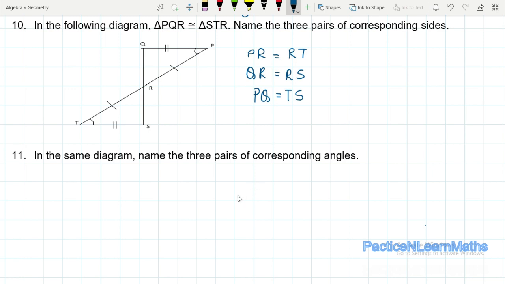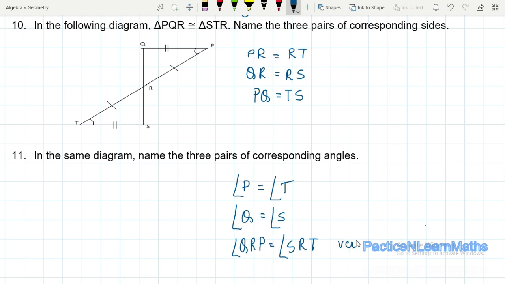Here we see it's already given that angle P is equal to angle T. Angle Q is equal to angle S, since corresponding angles are always equal, and angle QRP is equal to angle SRT.